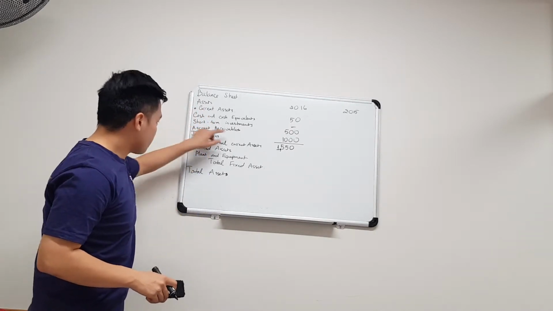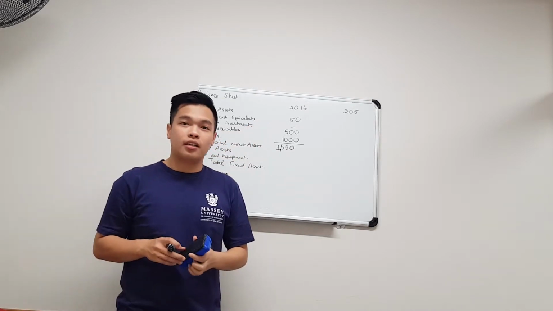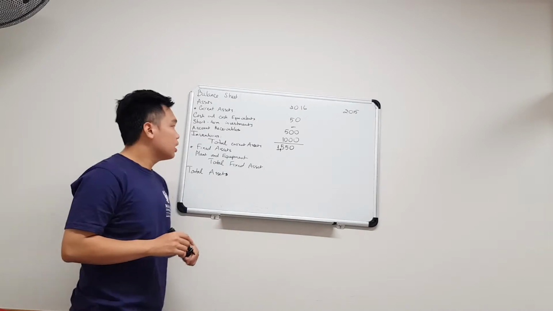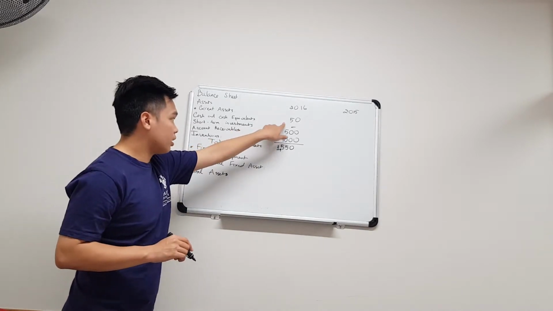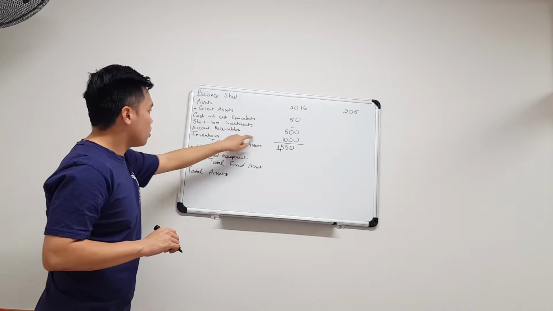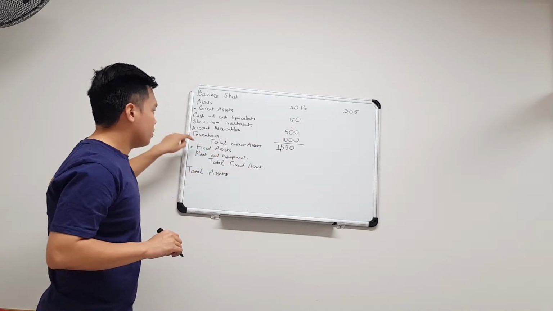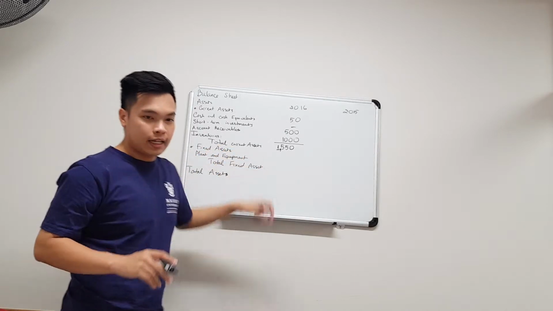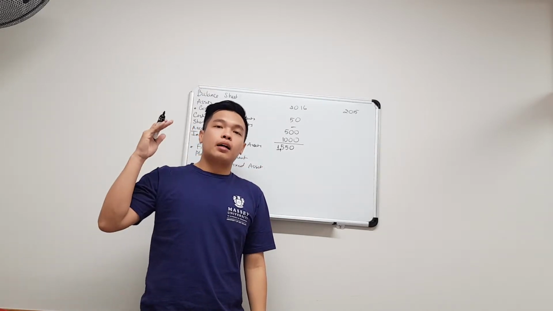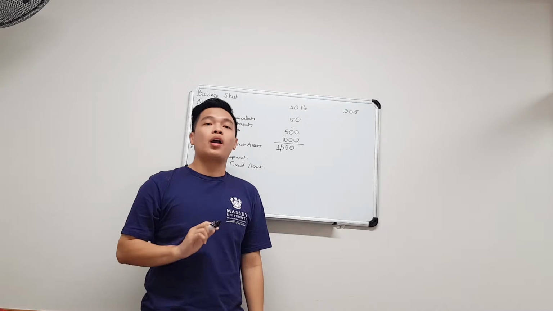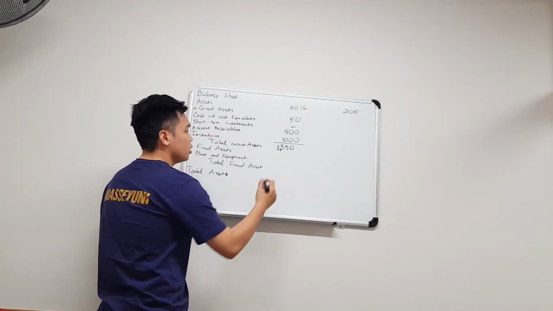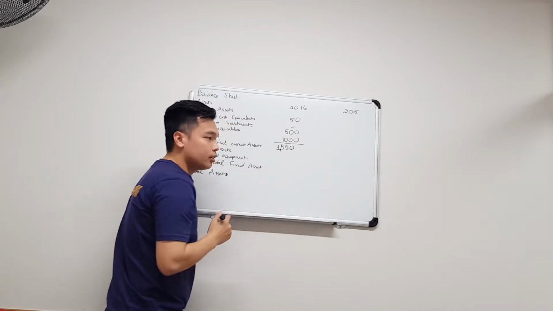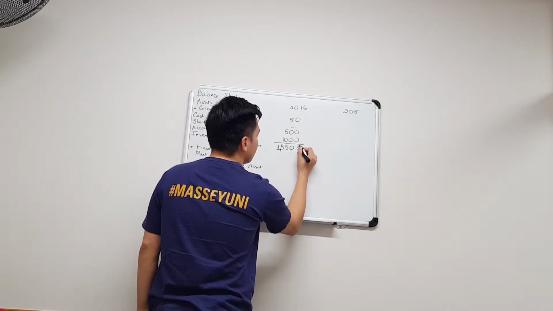We don't have short-term investment. It depends on the company, but many companies have short-term investment, but we don't have it here. We have account receivable 500, inventory 1,000, and total current assets, which have maturity less than 1 year, equal to $1,550. Yeah, dollars.